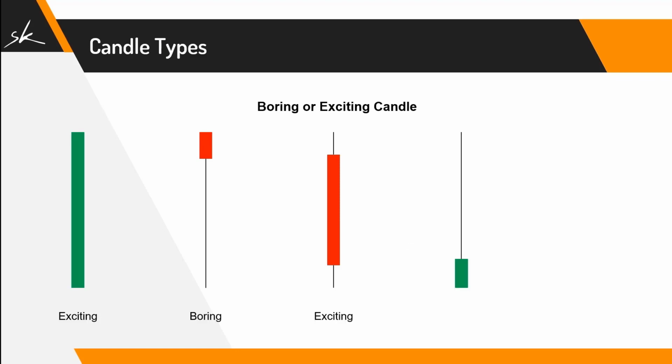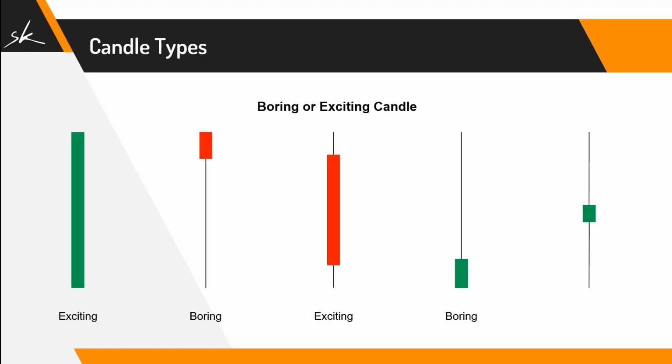In the next example, we will again take the body range, from the open to the close, and the candle range, from the high to the low. We will take 50% of the candle range and compare the body range with it. Since it is less than 50%, we will call it a boring candle.